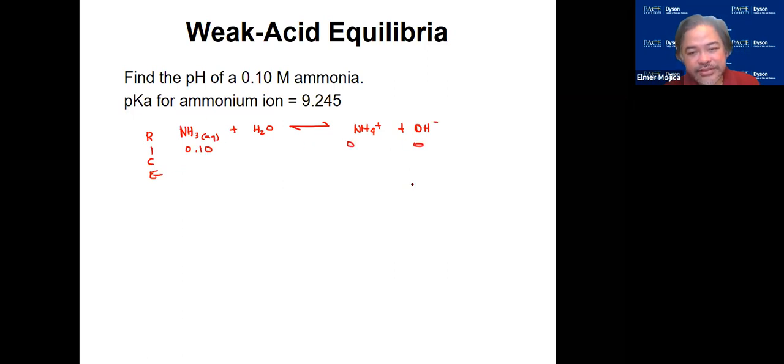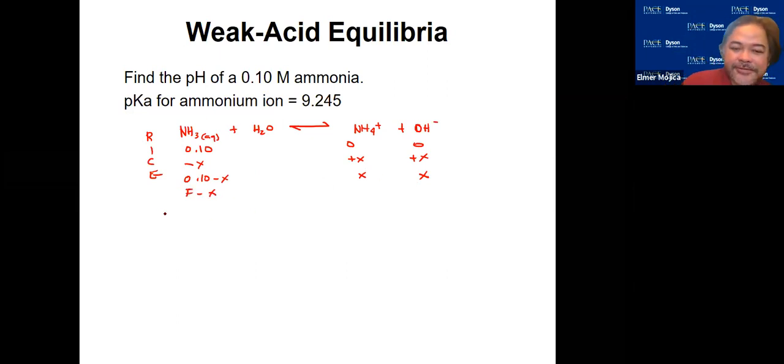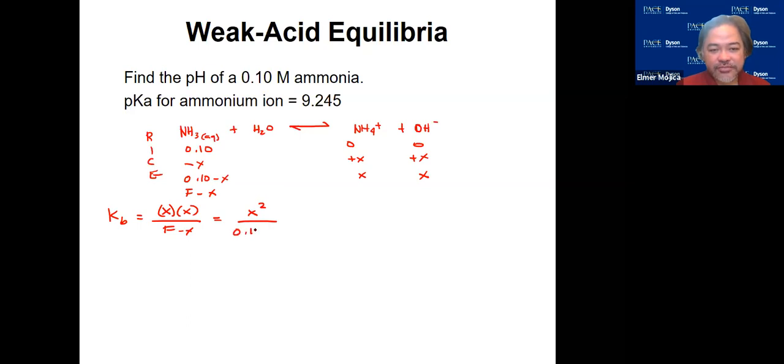You don't have anything here. And then this is minus X, and this is plus X, plus X. So you end up with 0.1 minus X, and you have X and X. So this is your F minus X. And if you look at the Kb, you have X times X over F minus X. So that's X squared over 0.1 minus X, and this is equal to 10 raised to 9.245.